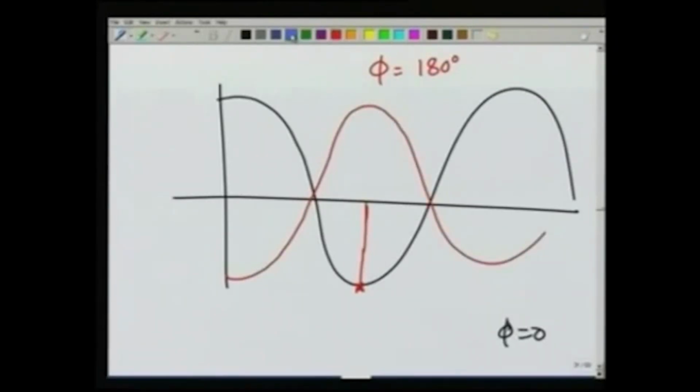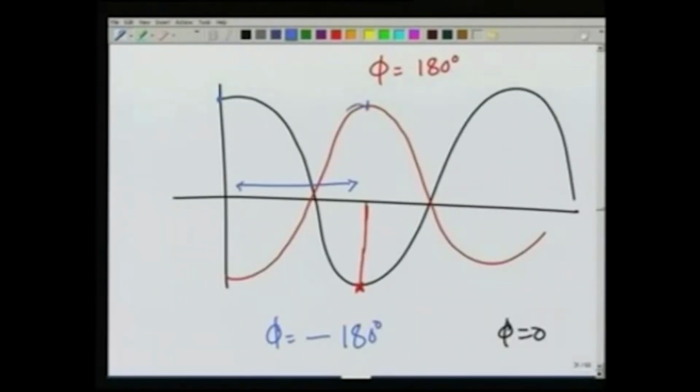What about the case of phi minus 180 degrees? It would catch up with the phase at 0 with 180 degree, catch up with the phase at 0 at a time which is given by this distance. So therefore this would shift here.